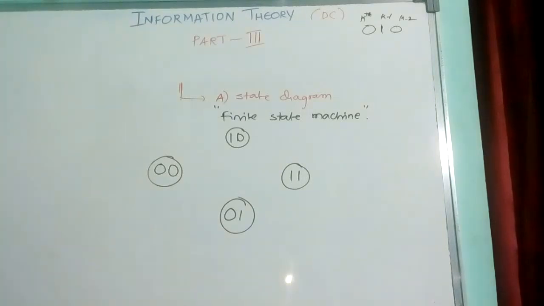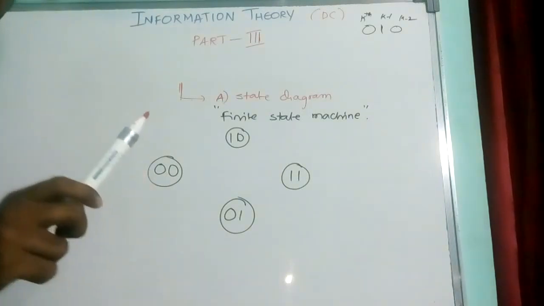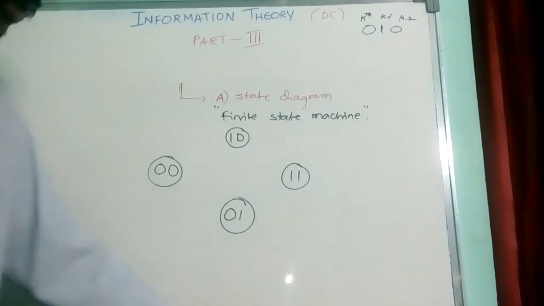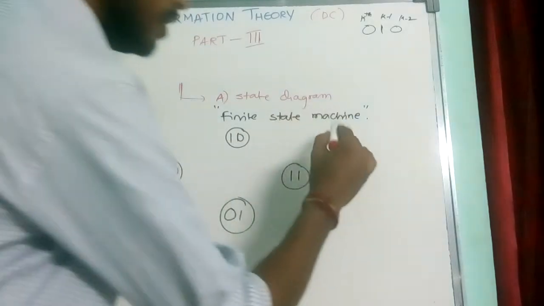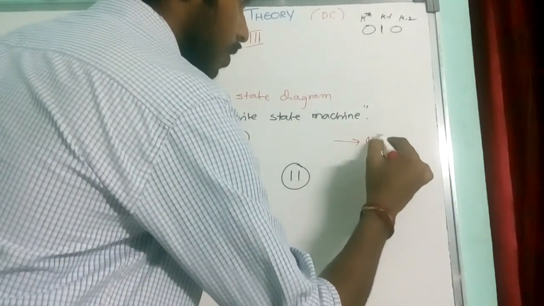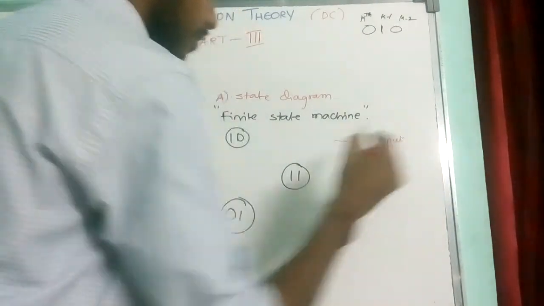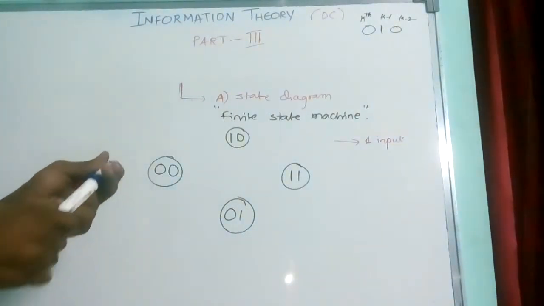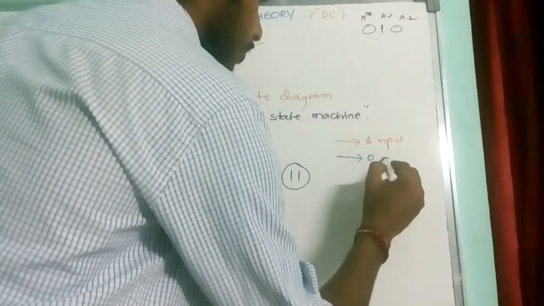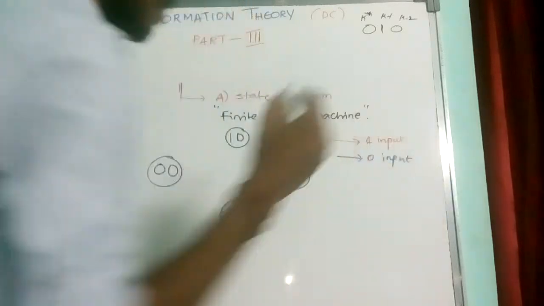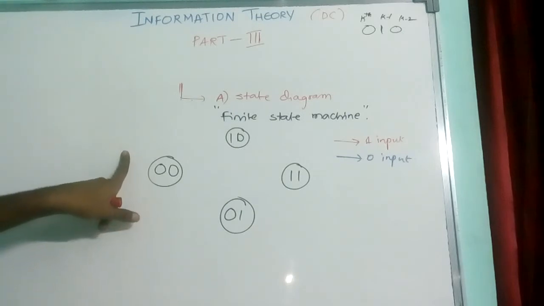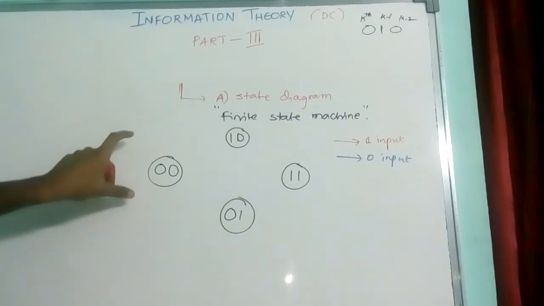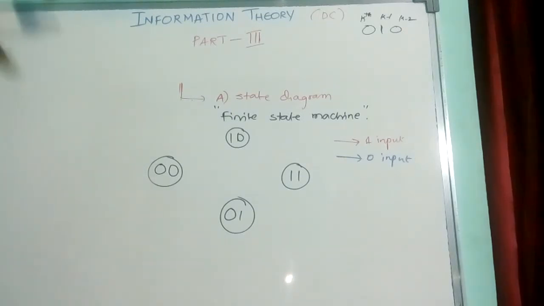For input 1, I'll draw the transition with a red marker, and for input 0 with a blue marker. Starting from the 00 state, when my input is 0, I'll stay at the same state.